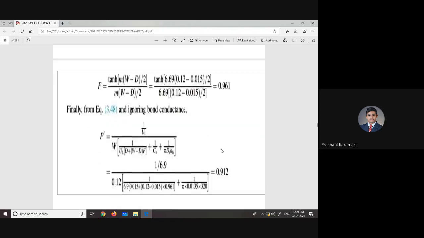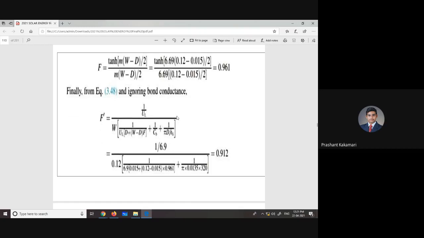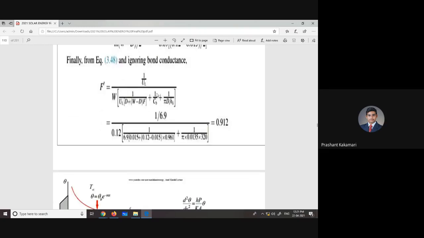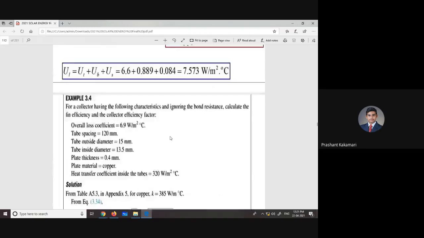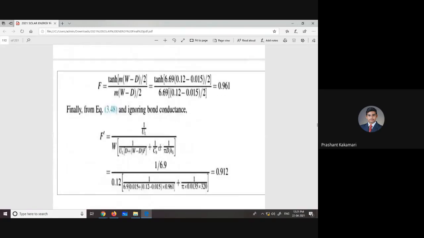Similarly, ignoring the bond conductance. In this equation I have shown the bond conductance as 1 by Cb, or else in the earlier equations you had an in-between term that you can neglect. Now we'll take these values: 1 divided by W into the bracket of all these terms, as I defined earlier.